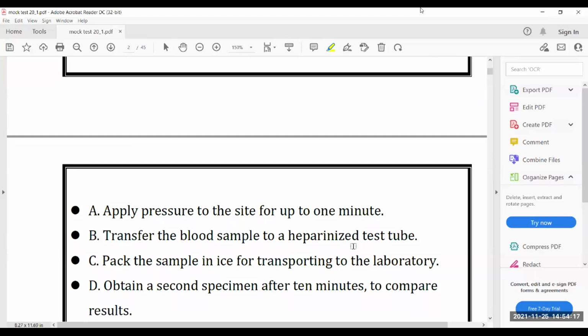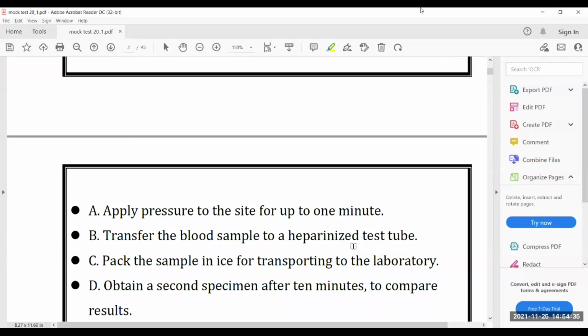Obtain a second specimen after 10 minutes to compare results. What is the answer? Pack the sample in ice for transporting to the laboratory.